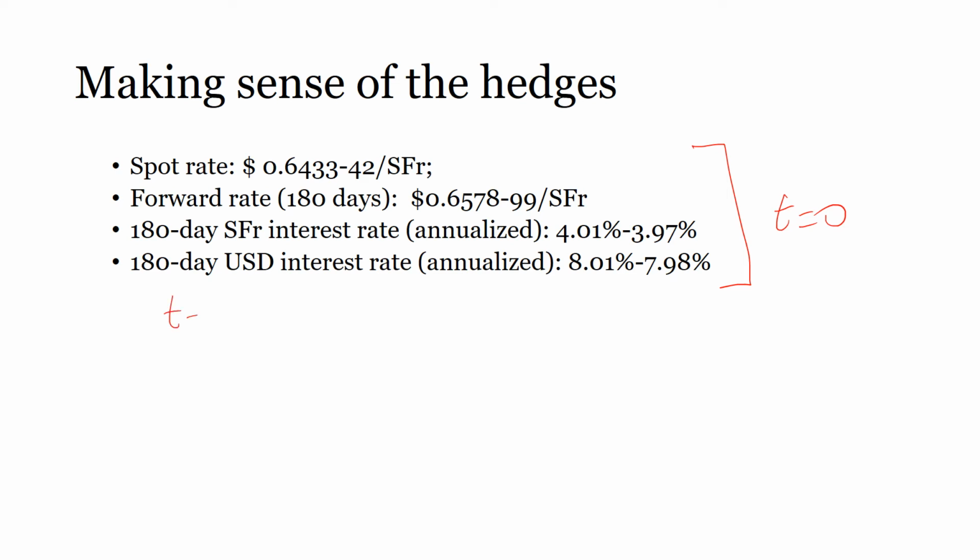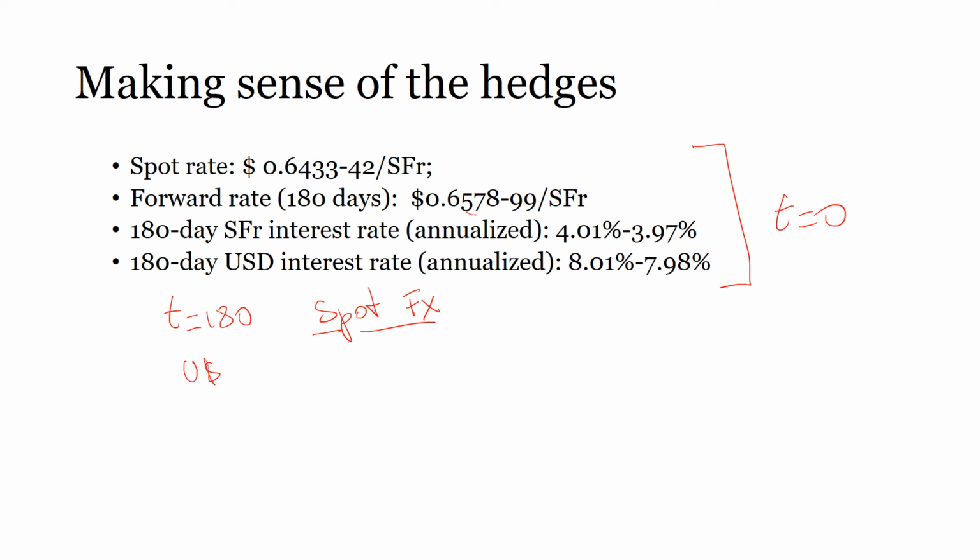When you go to the spot foreign exchange rate market 6 months from now, you can have a different situation. You can have a depreciation of the dollar, you can have an appreciation of the dollar. Maybe the market was right, the exchange rate will be exactly that one, in which case there's no issue.